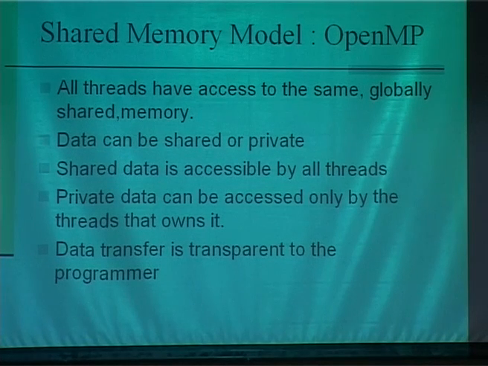You can define which data should be private and which should be shared through OpenMP pragmas and some clauses. Private data can be accessed only by its thread. Data transfer is transparent to the programmer. This is the best thing about using OpenMP. You don't need to take care of the data transfer. It's done automatically.